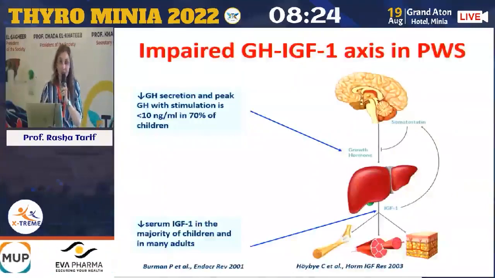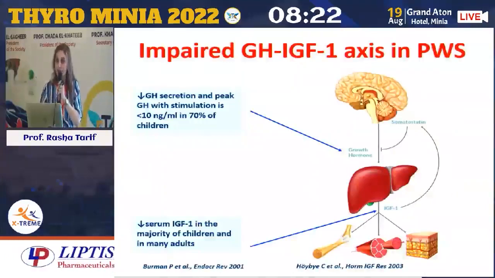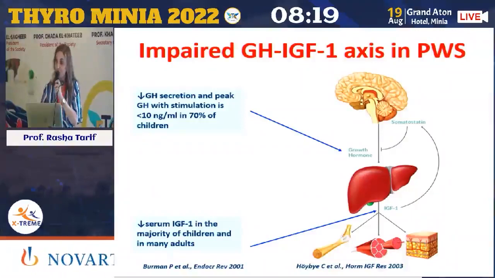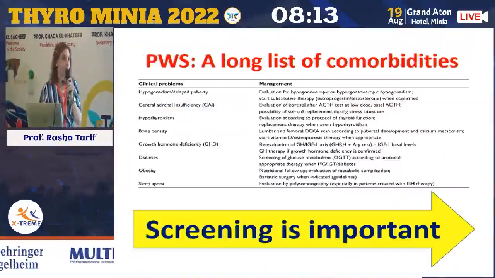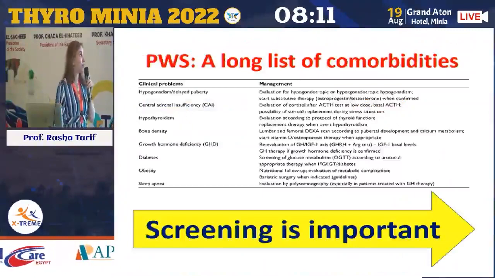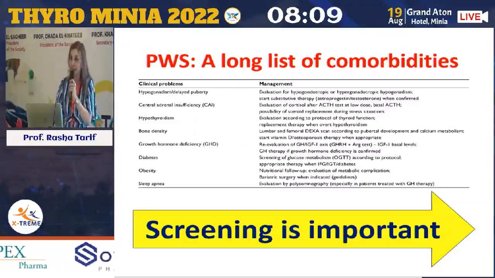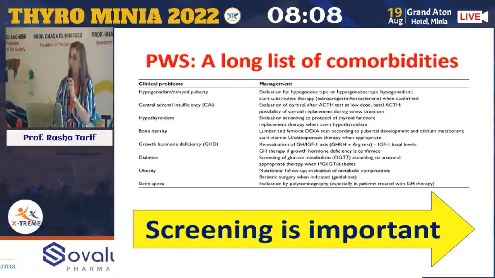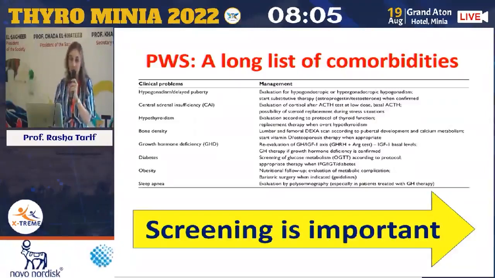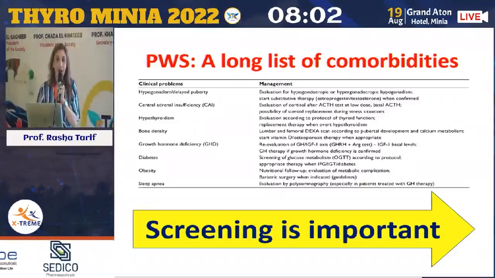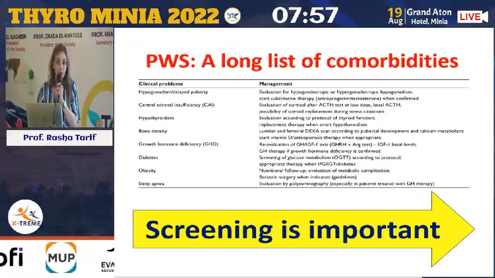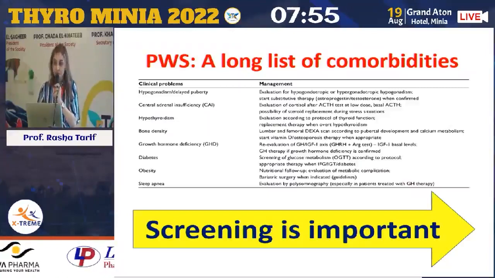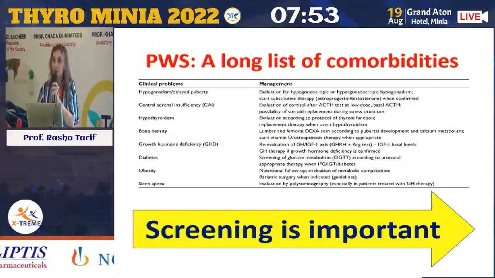There is impaired growth hormone IGF axis in Prader-Willi. There is decreased growth hormone secretion, IGF-1, and sometimes there is growth hormone resistance. In addition, there is a very long list of comorbidities that we have to screen for: central adrenal insufficiency, hypothyroidism, low bone mineral density, growth hormone deficiency, type 2 diabetes, obesity, and obstructive sleep apnea.